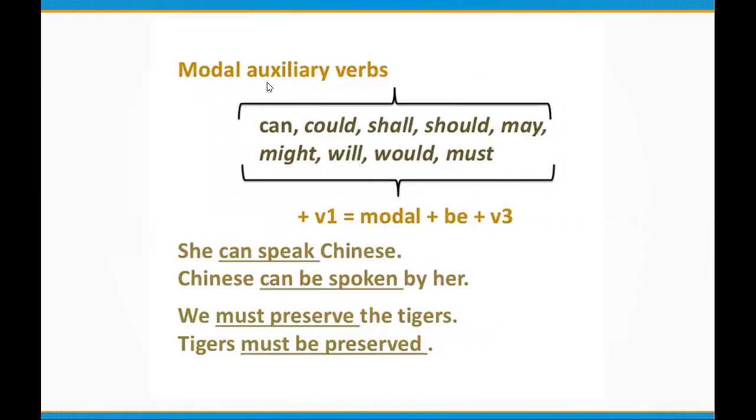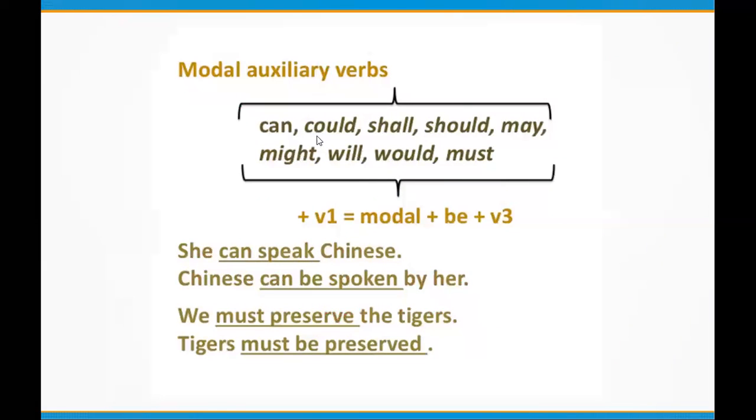Next, modal auxiliary verbs. What are modal auxiliary verbs? It is nothing but helping verbs: can, could, shall, should, may, might, will, would, must, plus B1. This is the active voice. When you change it into passive voice, you have to add be plus B3.